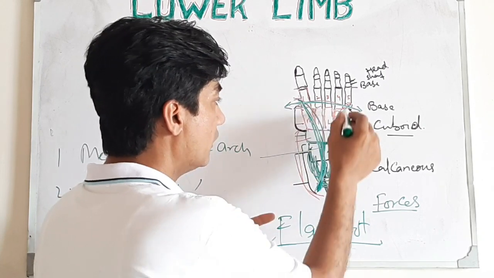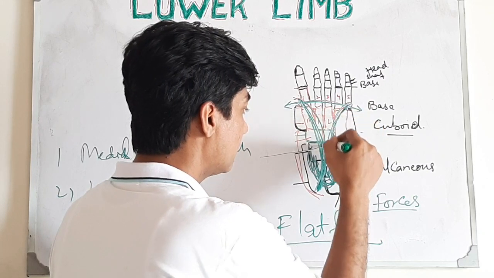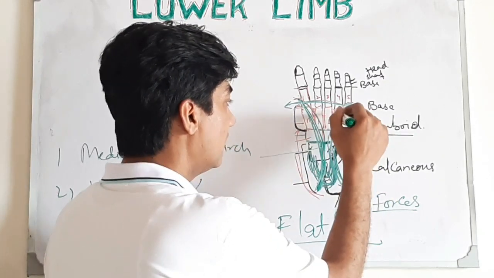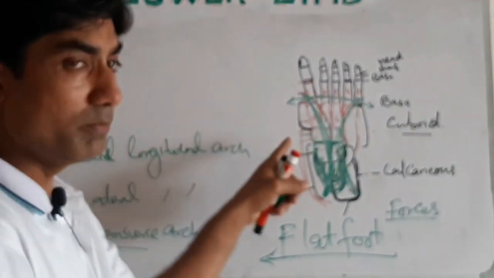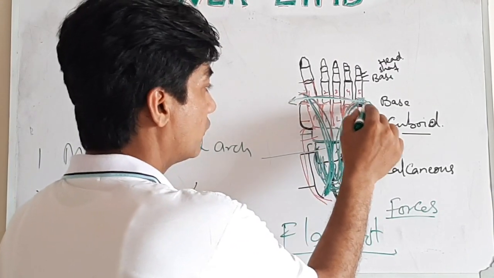So these three arches should be produced normally in the sole of the foot.